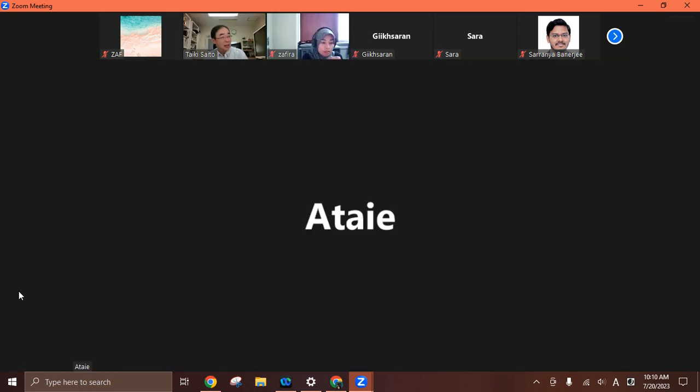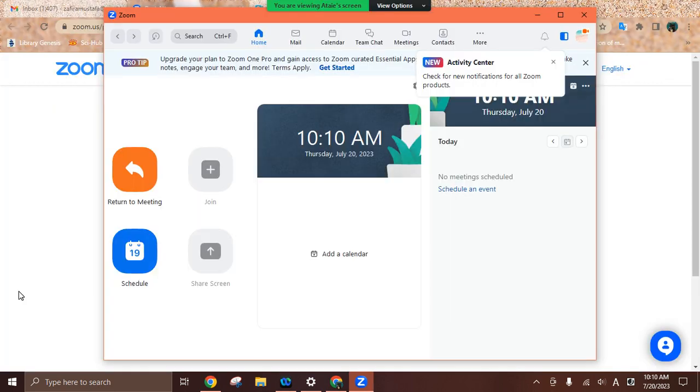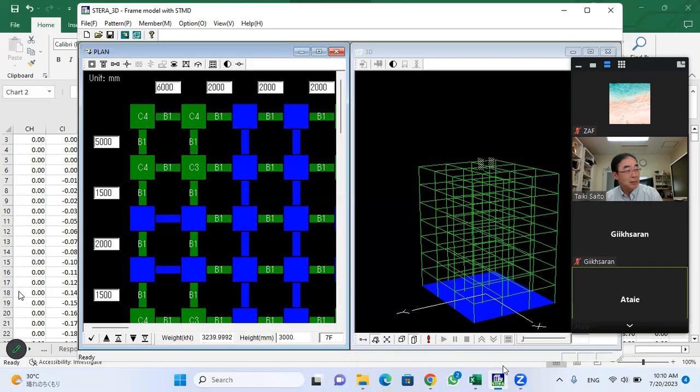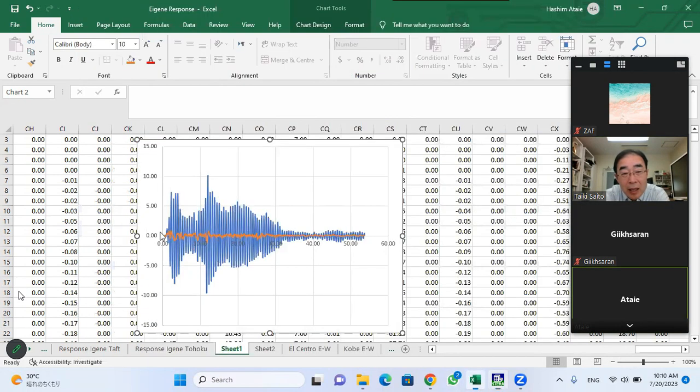Yes, Sensei. I checked this to become non-linear, these 2 points. And the result didn't change. It is the displacement of one of the floors.